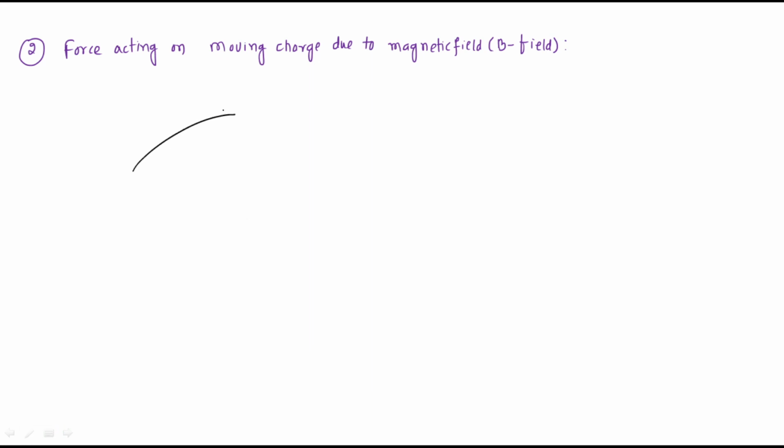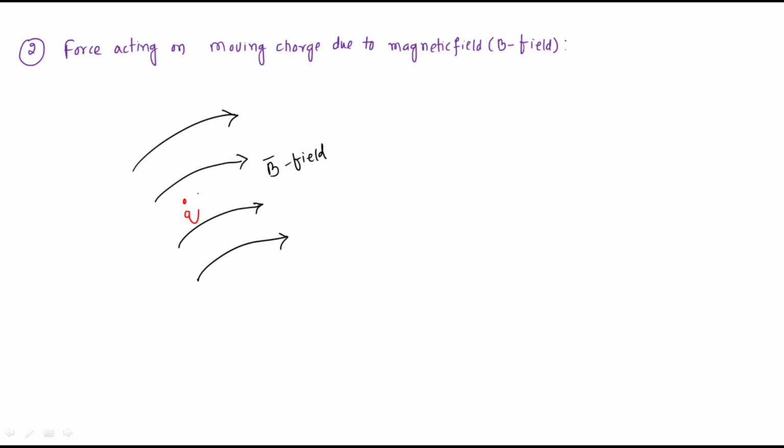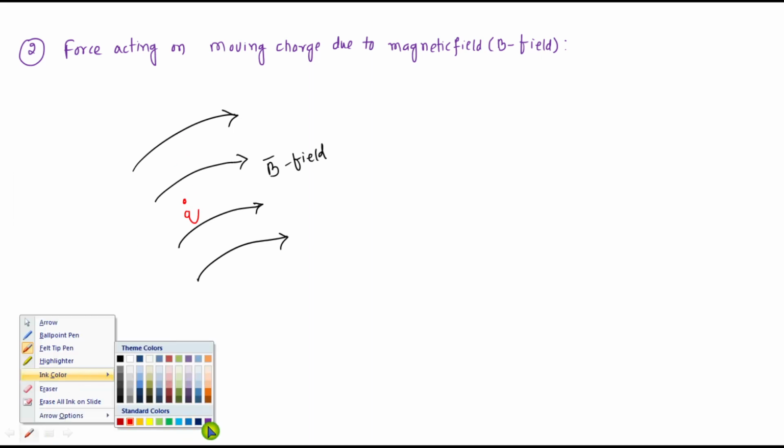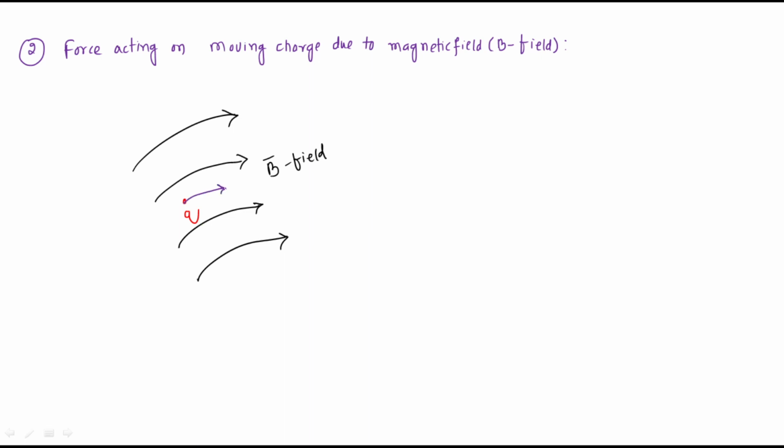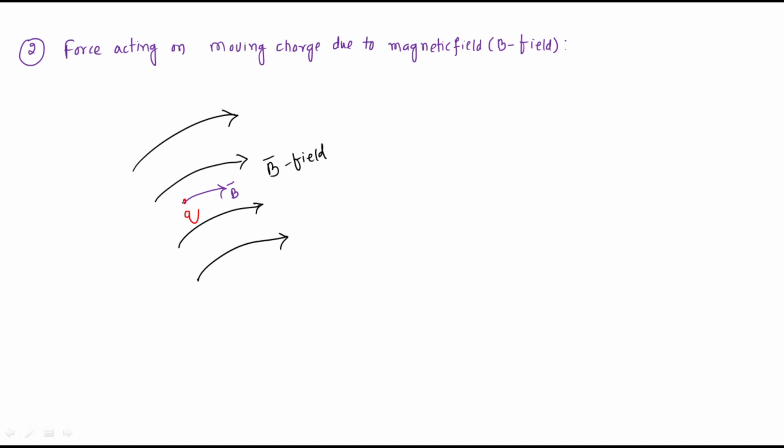Let us say we have a magnetic field like this, and we have a charge Q. What about velocity?